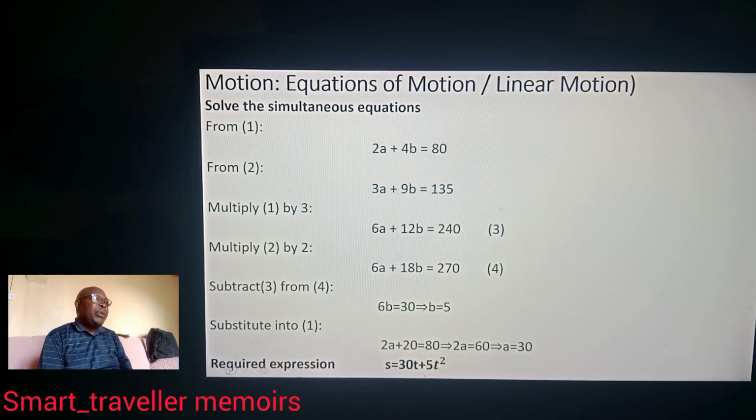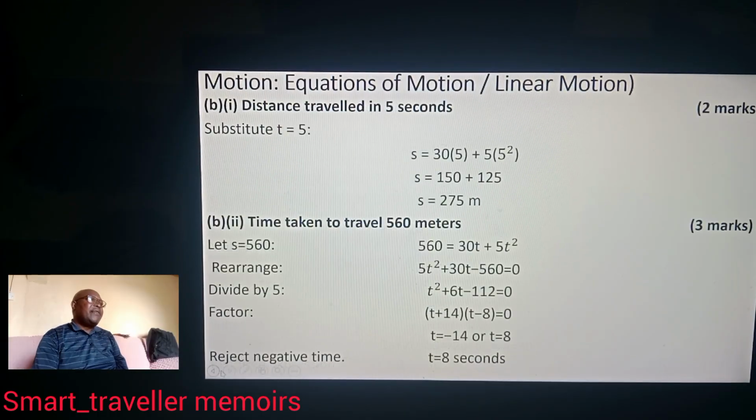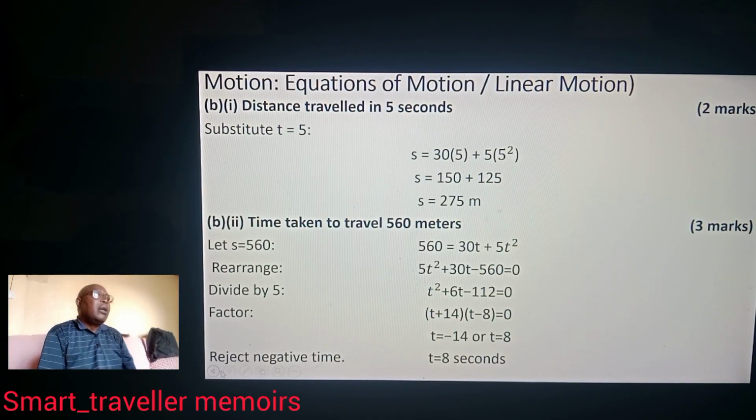Substituting this value of b in equation number 1, you get 2a plus 20 is equal to 80, implies 2a is equal to 60, and when you divide both sides by 2, a is 30. So the required expression for s is equal to 30t plus 5t squared.